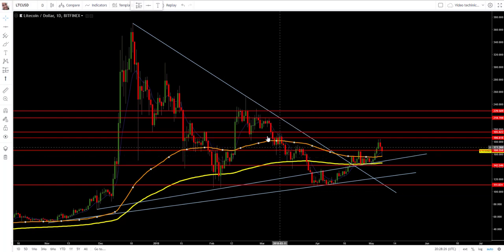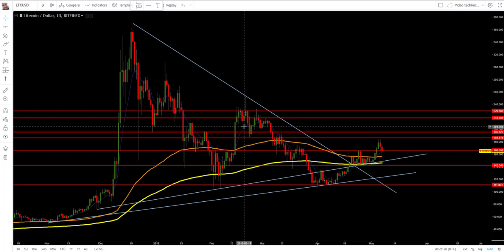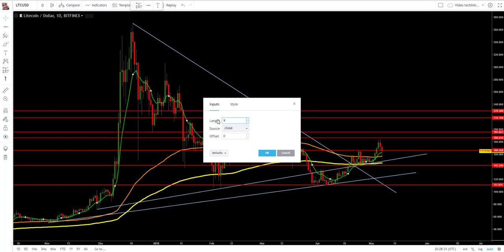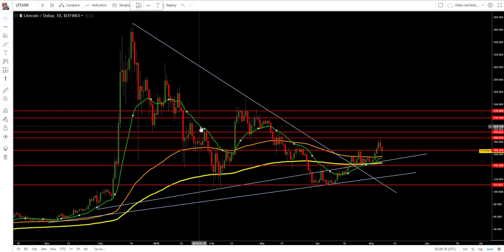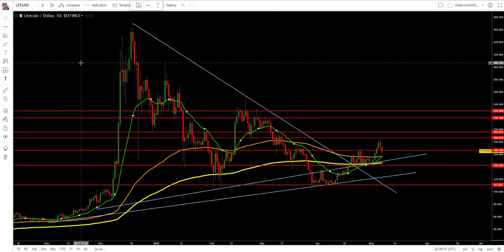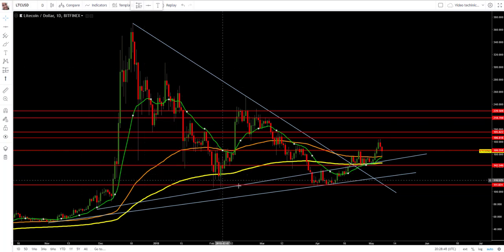Okay, that's okay. And last but not least is the 20 moving average. Let's make it this way, 20 moving average. You just need to click on the line to change the properties. So just click here and you will change the properties so you can customize. That's it. Basically, that's what I use in order to make my technical analysis.